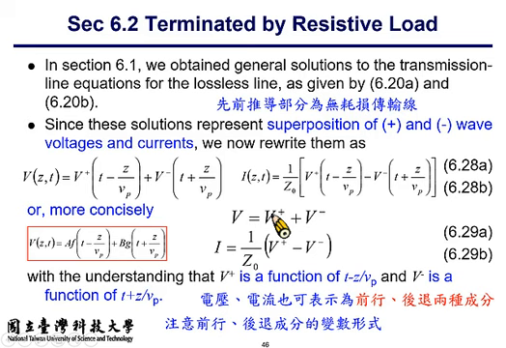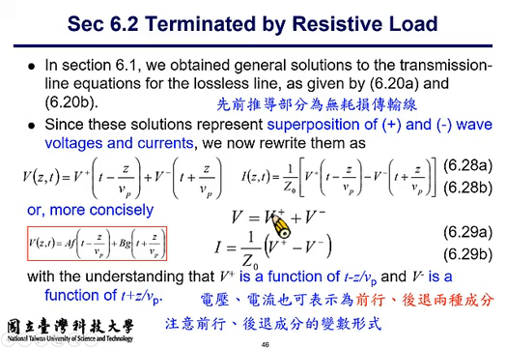Similarly, the current function, which is also a function of position z and time instant t, can also be written in terms of the V plus and V minus parts. Now there is a difference between the current signal and the voltage signal, that is the ratio.